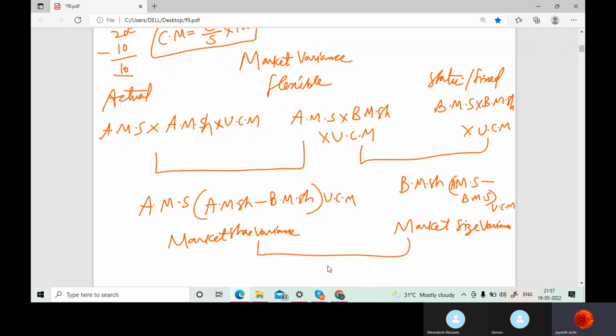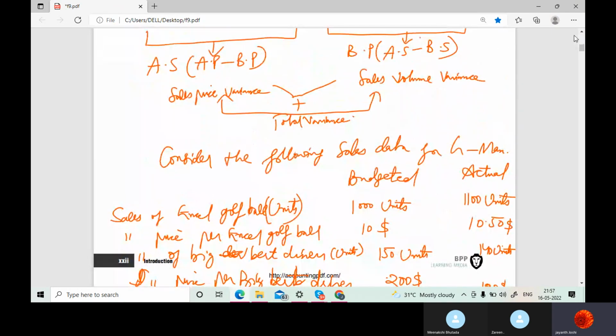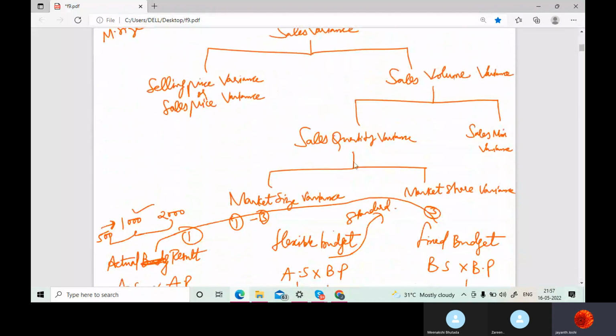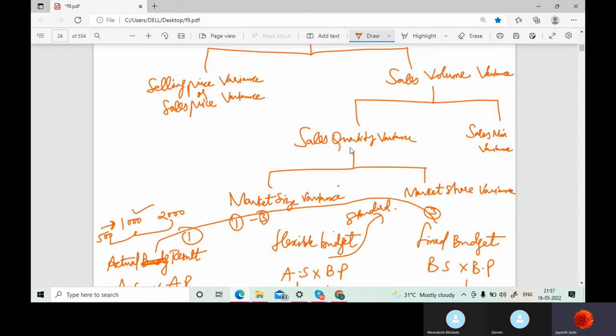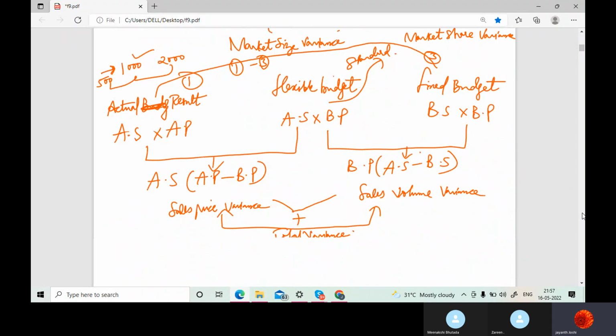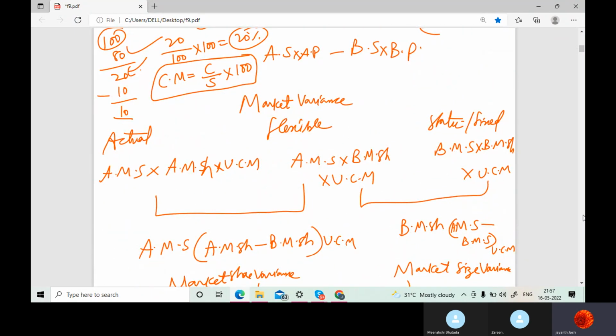And these two clubbed together make sales volume variance, as I have made a chart already, or sales quantity variance, anything you can call. So sales quantity variance is again divided into market size variance and market share variance. So these two clubbed together will give you sales volume or sales quantity variance. Please make a note of these market variances, and I'll give you a question to solve right now.